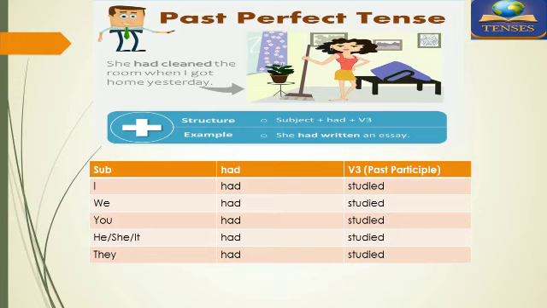You had studied. He, she, it had studied. They had studied. For all the persons, first person, second person, third person he, she, it, and third person plural, we use the auxiliary verb past tense had and we write the V3 form.